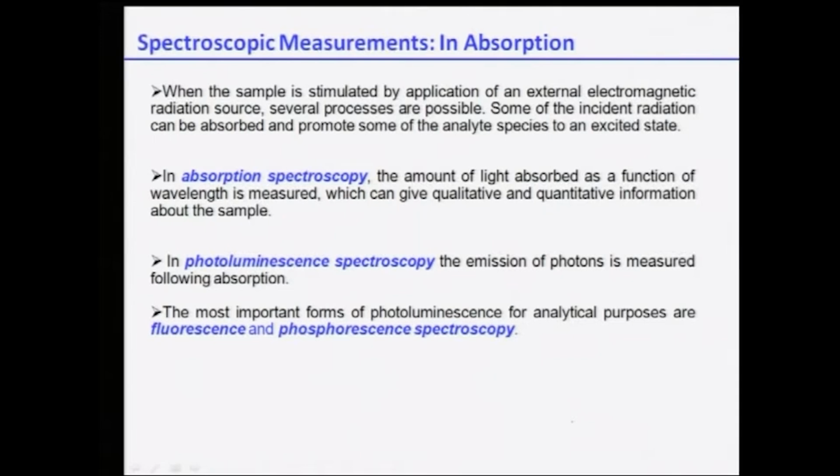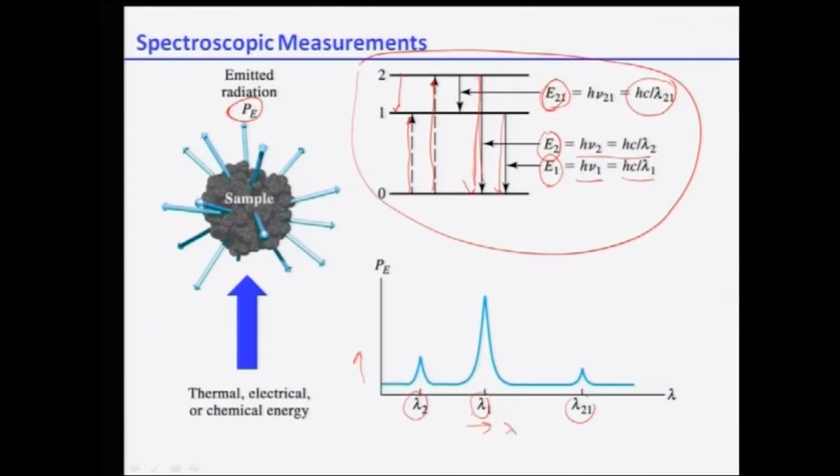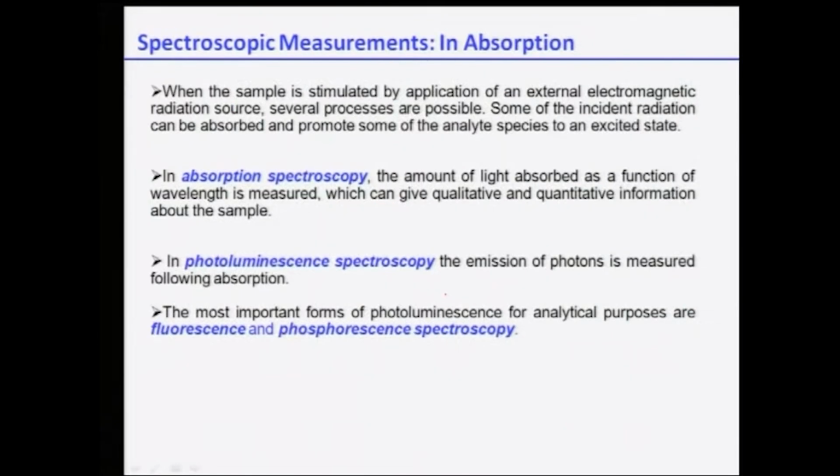In absorption spectroscopy, which I have just shown you in the last slide, the amount of light absorbed is a function of wavelength, and it can be measured. We can use these wavelengths for qualitative measurements of the type of material, and the area under these curves will give us the amount of energy absorbed at that particular wavelength, and that can be used for quantitative analysis.